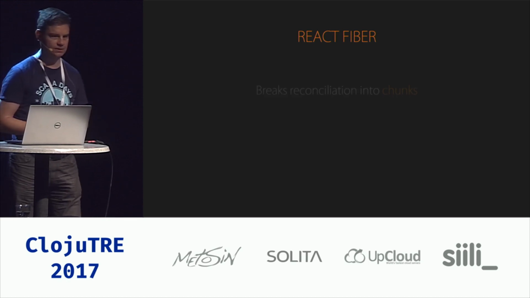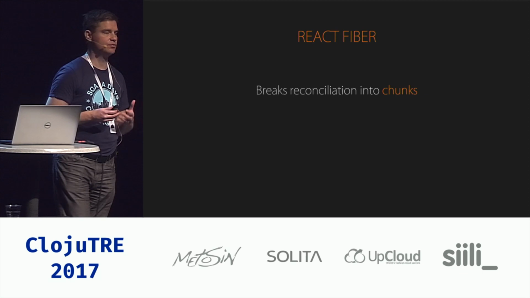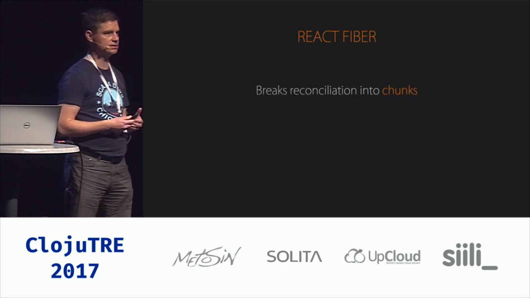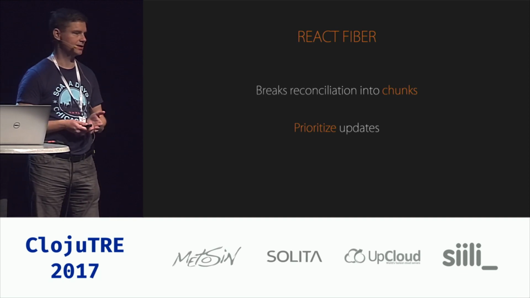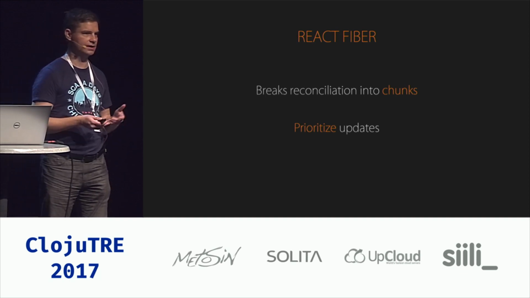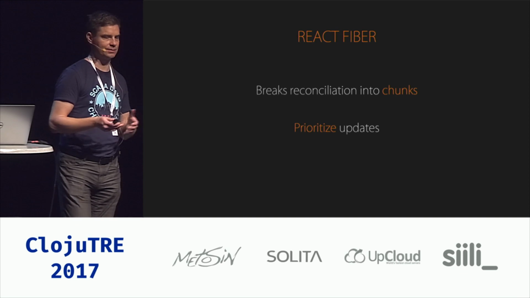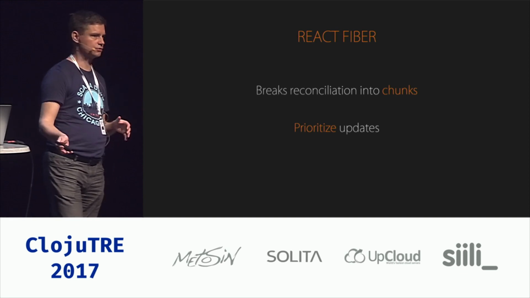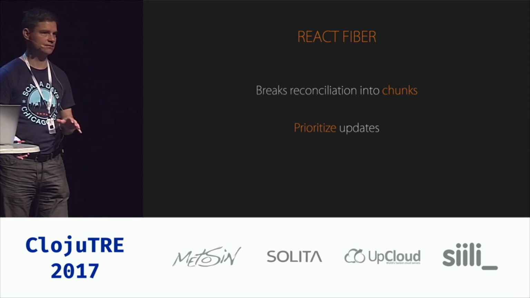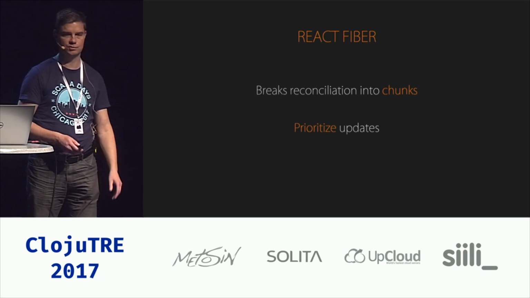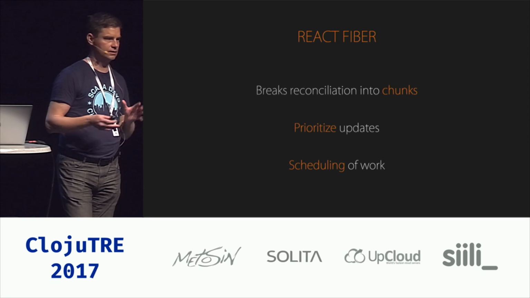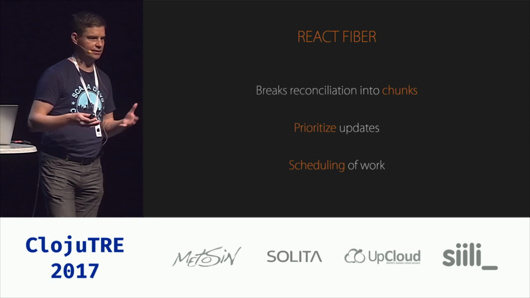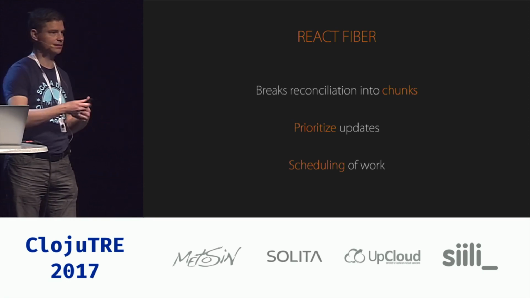So in Fiber, they are basically breaking this reconciliation process into smaller chunks that they can then prioritize. If you have an animation running, you want to prioritize that over something that's, let's say, happening off screen, because nobody cares what's happening off screen, but you want those animations to be smooth. It can also schedule these chunks so that if you have a large update, you can break it down into small chunks and then schedule them over time.